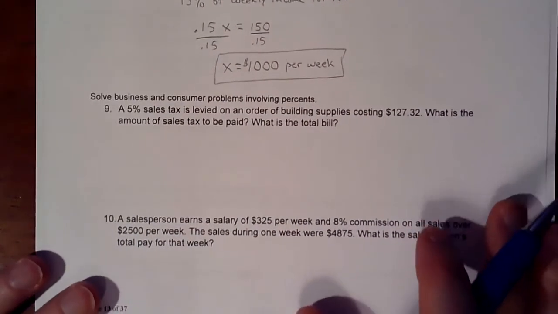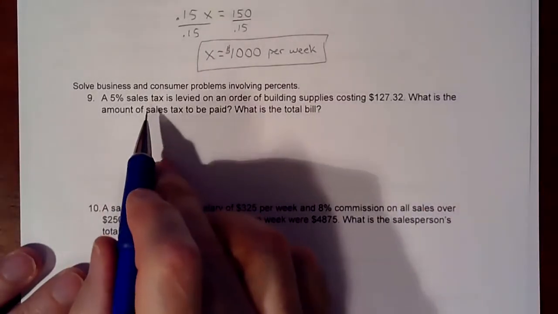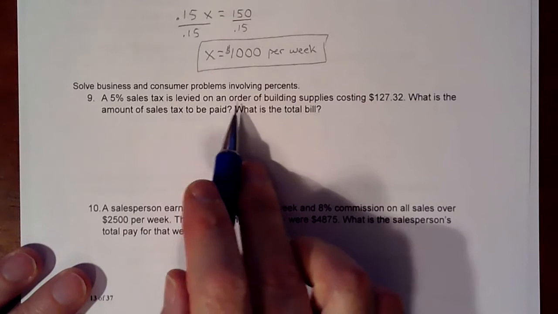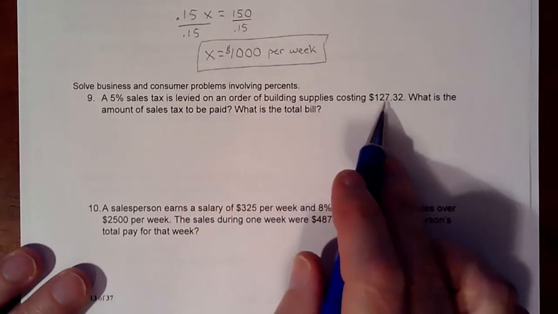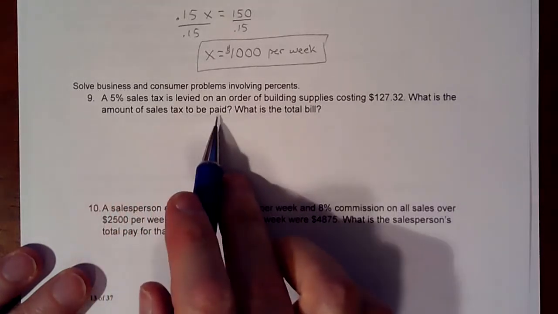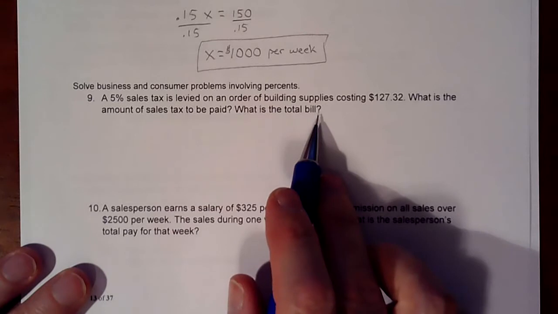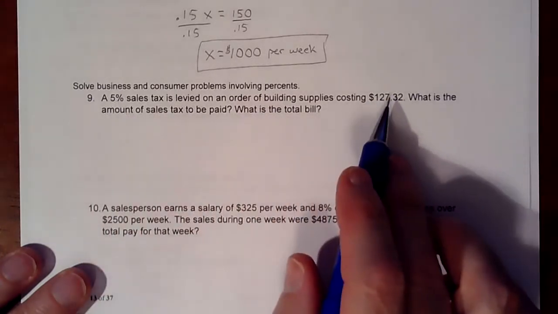All right, two more. So on this one, we have a 5% sales tax is levied on an order of building supplies costing $127.32. What is the amount of sales tax to be paid? And then what is the total bill? So here's your cost. You're getting a sales tax added on to that.